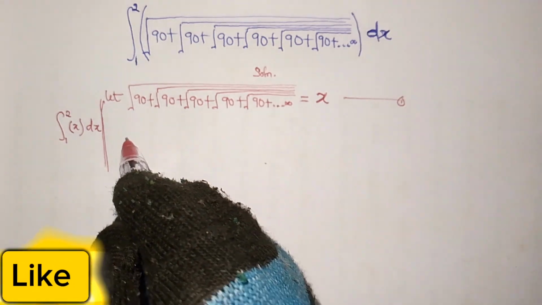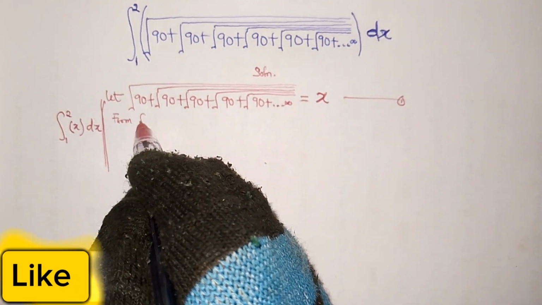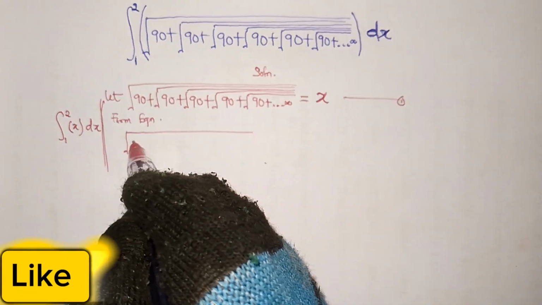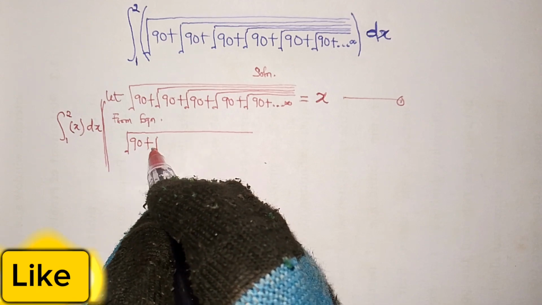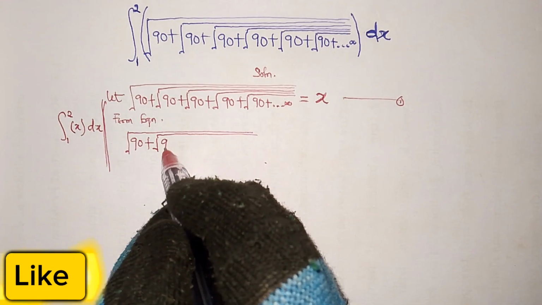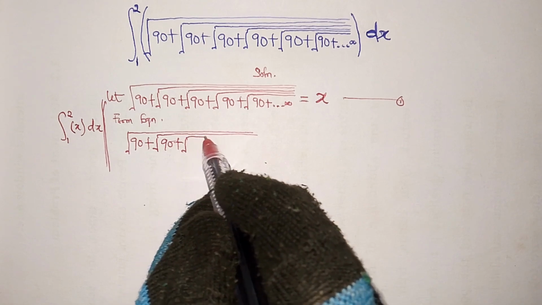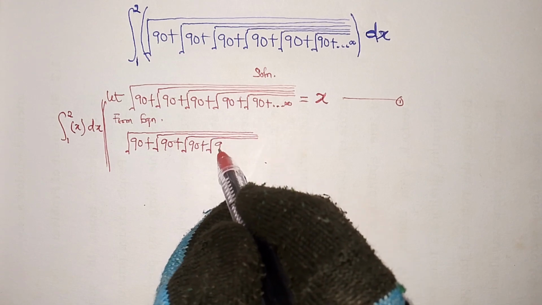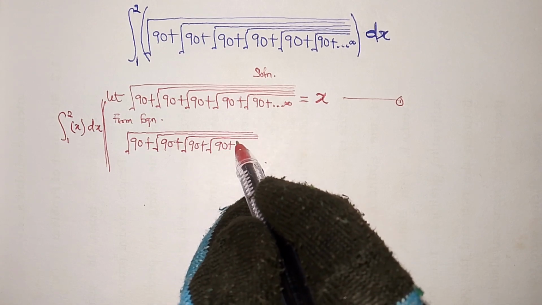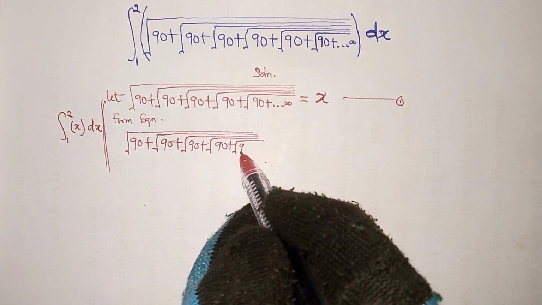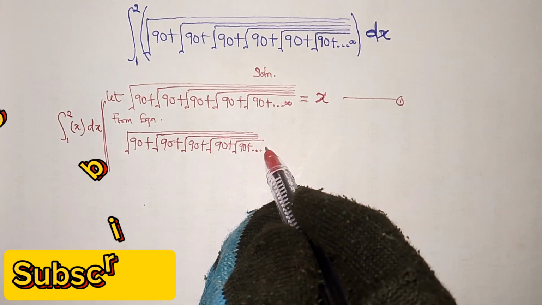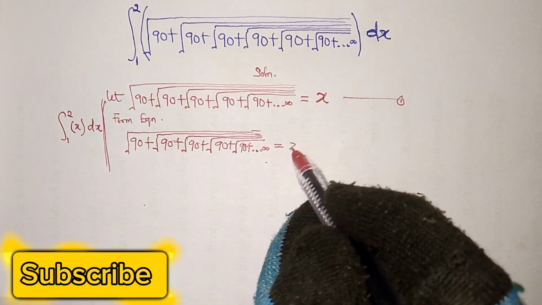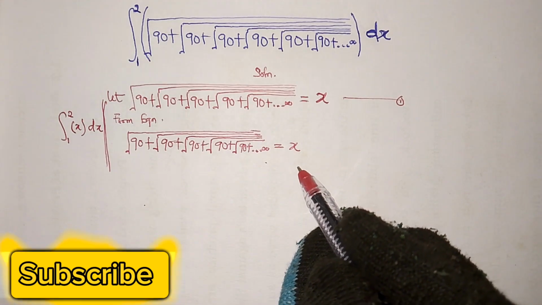From equation 1, we have that root of 90 plus the root of 90 plus the root of 90 plus the root of 90, as it continues to infinity, equals x.